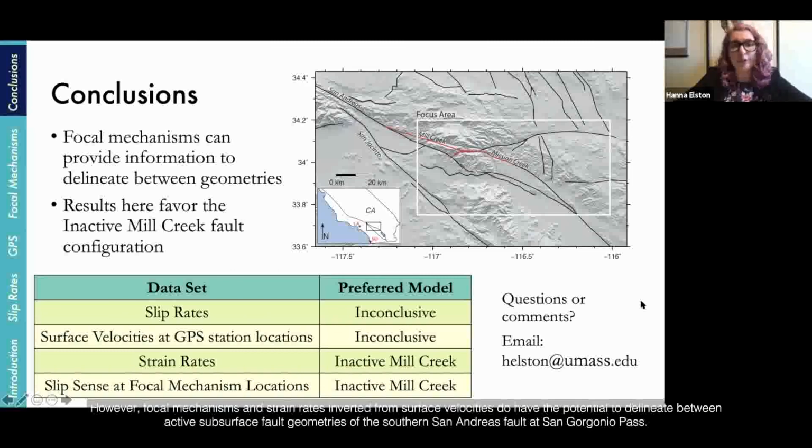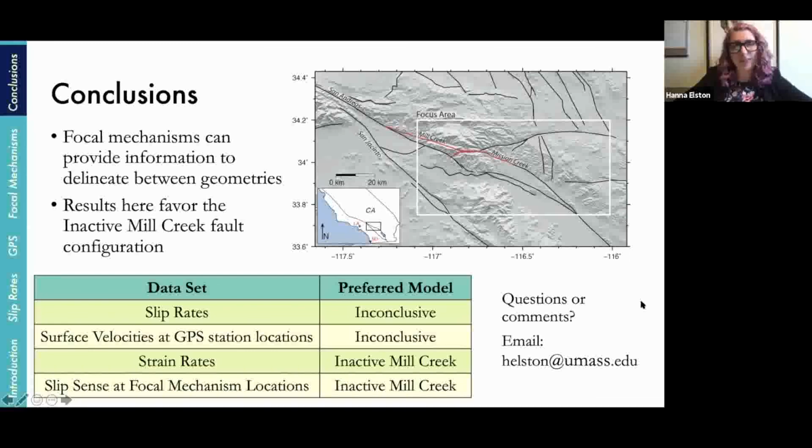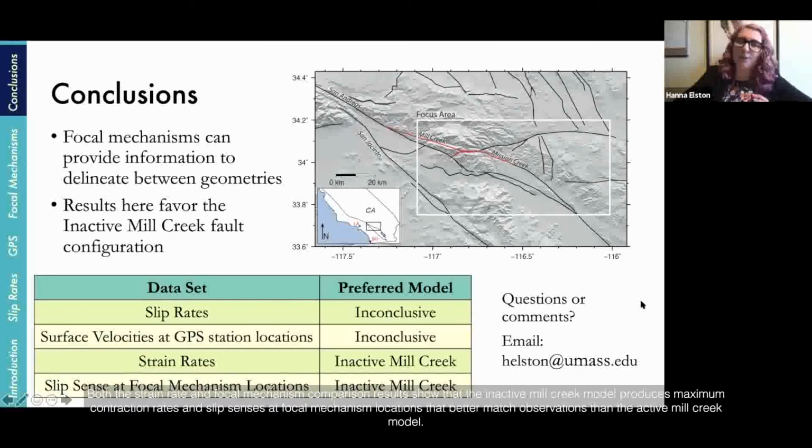However, focal mechanisms and strain rates inverted from surface velocities do have the potential to delineate between active subsurface fault geometries of the southern San Andreas fault at San Gorgonio Pass. Both the strain rate and focal mechanism comparison results show that the inactive Mill Creek model produces maximum contraction rates and slip senses at focal mechanism locations that better match observations than the active Mill Creek model.